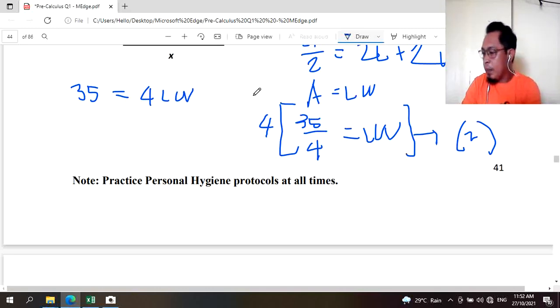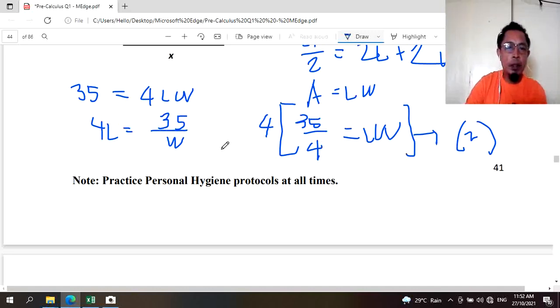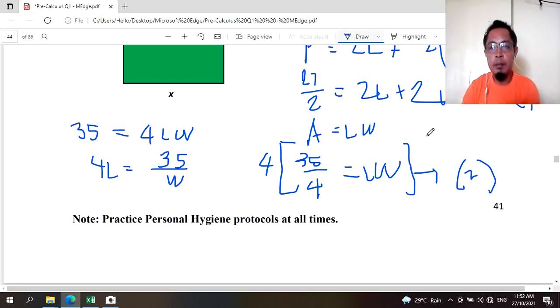Or simply, we can have 4L is equal to 35 over W. Then after that, we are going to substitute that one in the second equation.